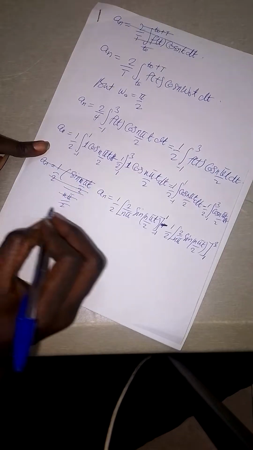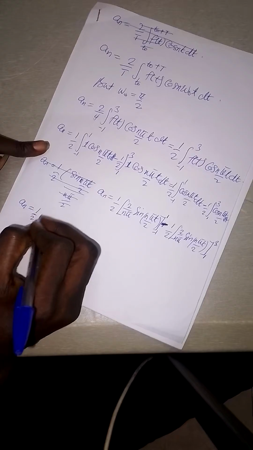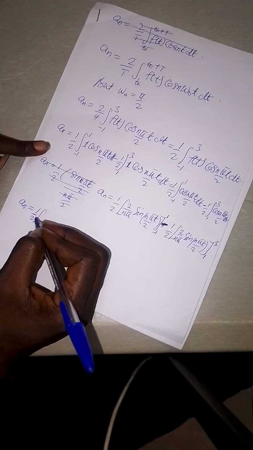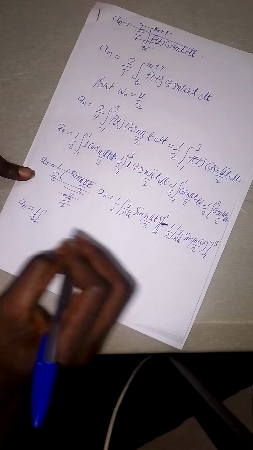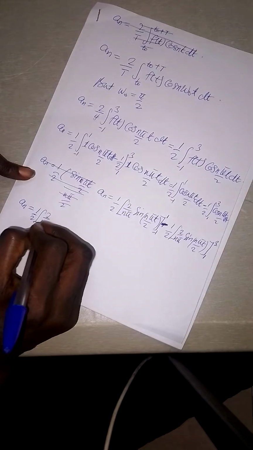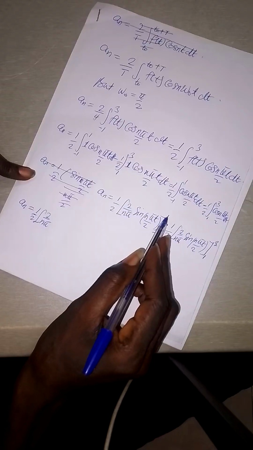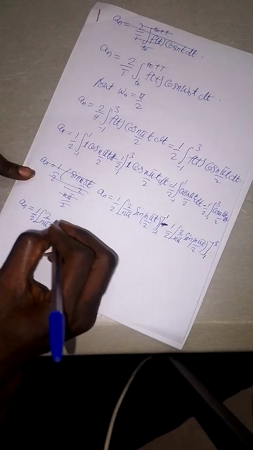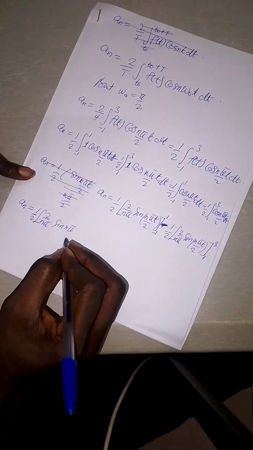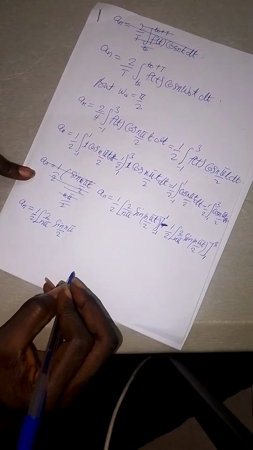So now I will introduce the limits, and I will have an is equals to 1 over 2 into, I bring this one here, 2 over n pi into sine. I always introduce the upper limits first: sine n pi over 2.